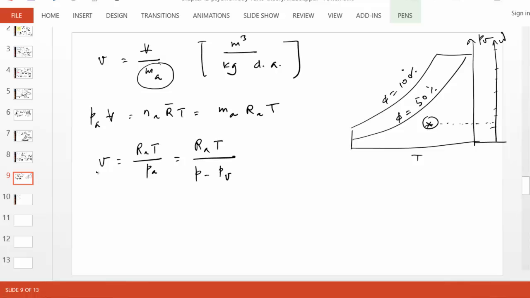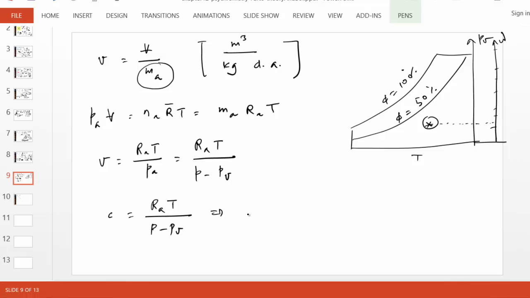So how will a constant specific volume line look in this diagram? Suppose a given specific volume is a constant C. So C equals R_A T over (P minus P_V). We know P is a constant, R_A is a constant.